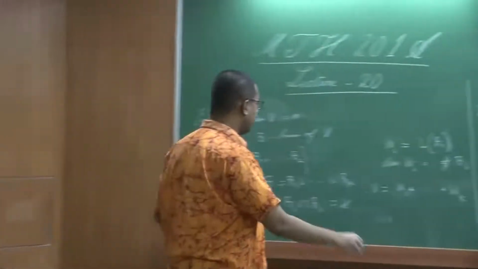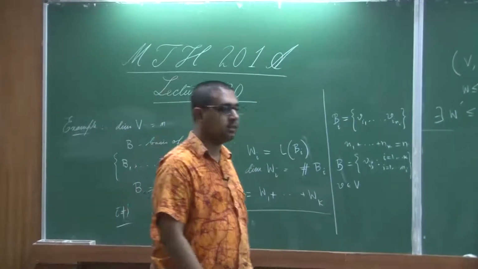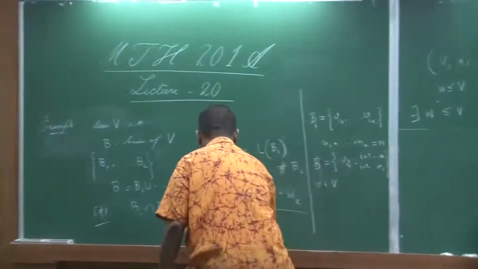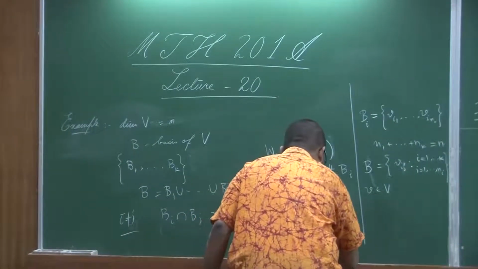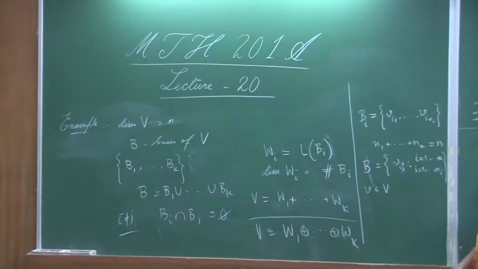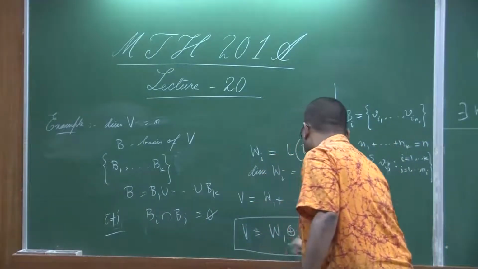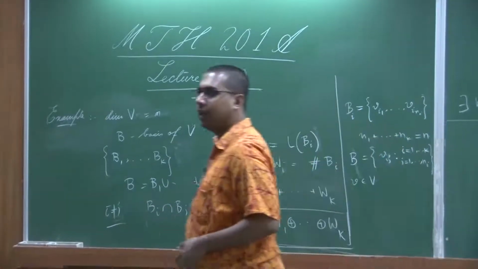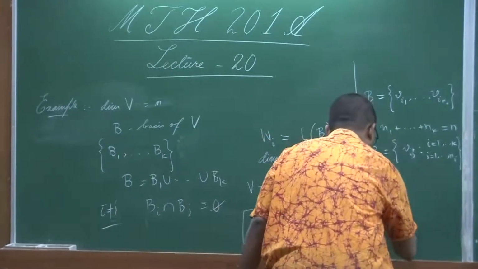And not only that, V will be the sum. In this case we simply write that V is the direct sum of W1 up to Wk, and we call this the direct sum decomposition of V into W_i's.